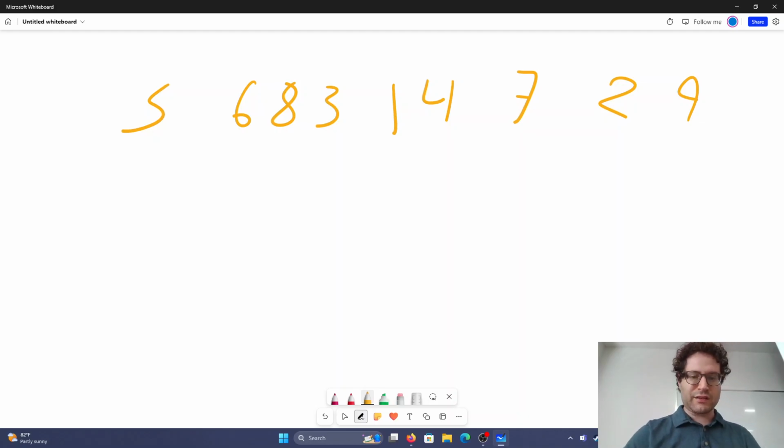Please select which of the following is the state of the array after the partition algorithm is executed on it. So in other words, what does partition do? It divides it into everything less than the pivot, the pivot, and everything greater than the pivot.